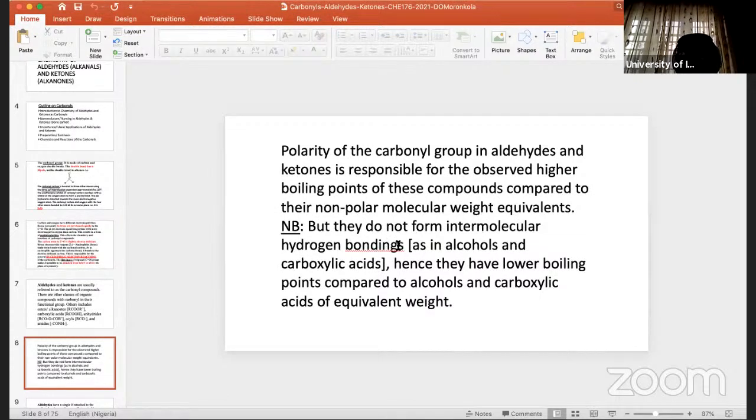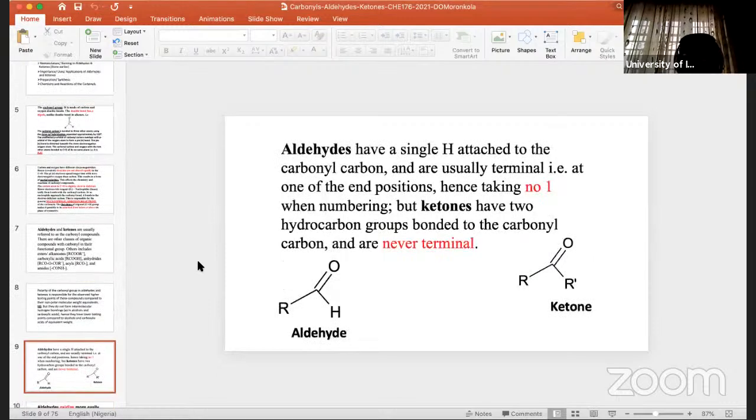The only peculiar thing you should take note of here, unlike in alcohols, is that they don't undergo intermolecular hydrogen bonding. So that is why they have slightly lower boiling points when you compare them to alcohols and carboxylic acids of similar molecular weight that have some hydrogen bonding in them. So this set of alcohols and carboxylic acids have slightly higher boiling points compared to these carbonyls.